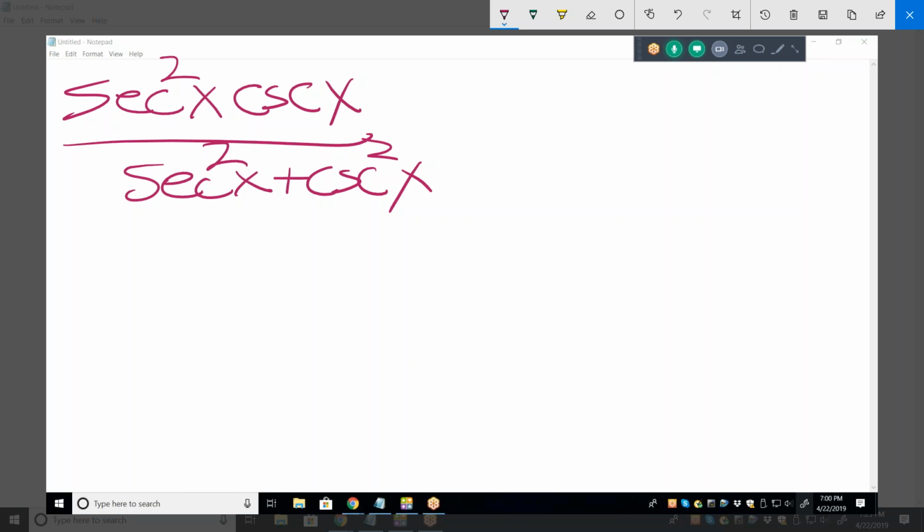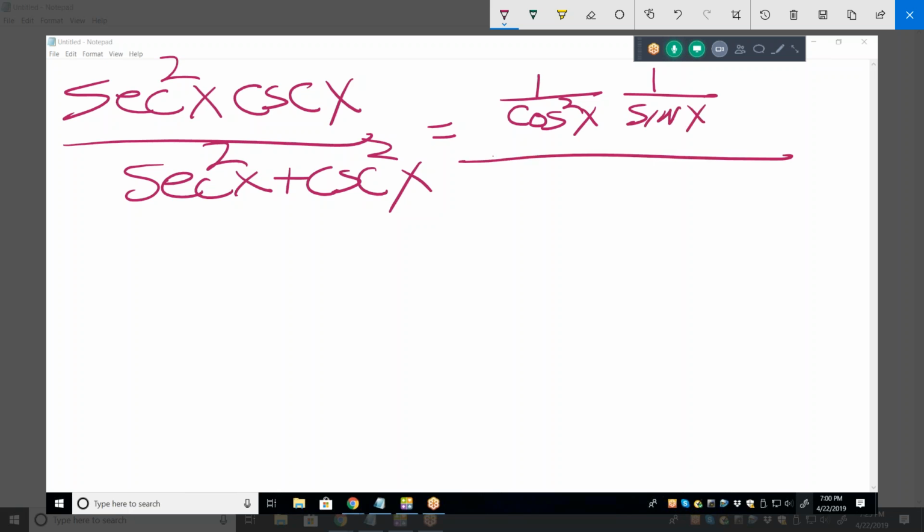So secant squared is 1 over cosine squared. Cosecant is 1 over sine. So that's my numerator. My denominator is 1 over cosine squared x plus 1 over sine squared x. So now I've turned everything into sines and cosines, and now it's just algebra.